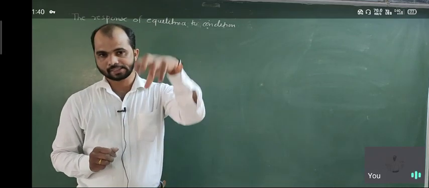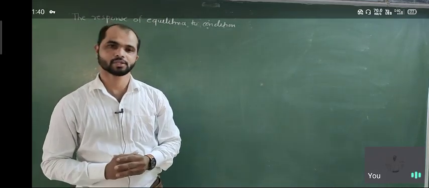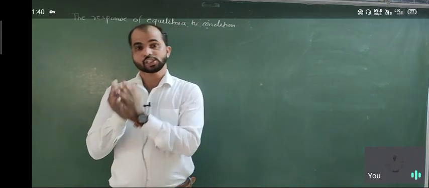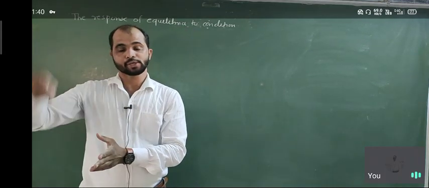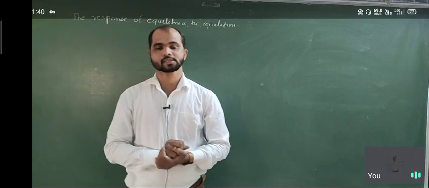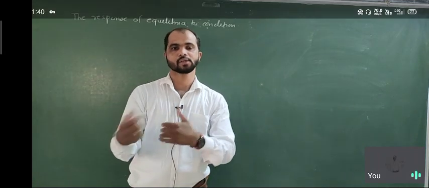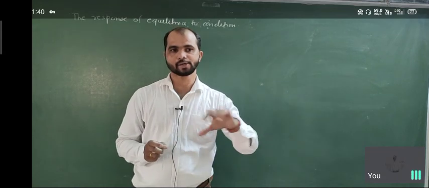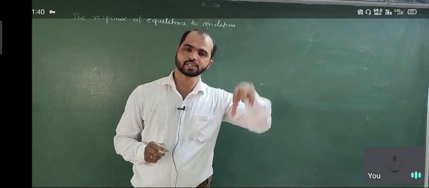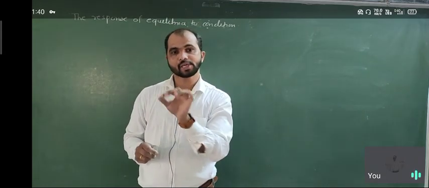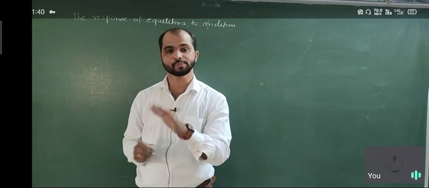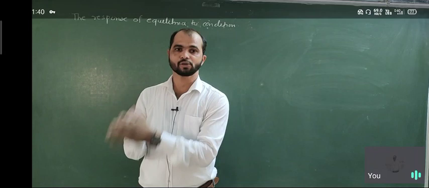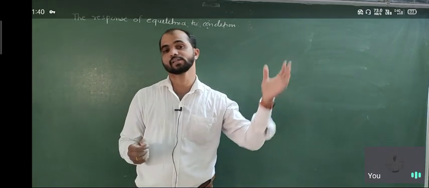When we apply stress on an equilibrium condition, the equilibrium tries to shift to reduce the stress which is applied. If sufficient time is available, it is possible to attain a new equilibrium state. So one equilibrium state is shifted into another equilibrium state.